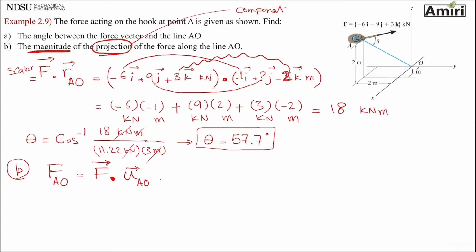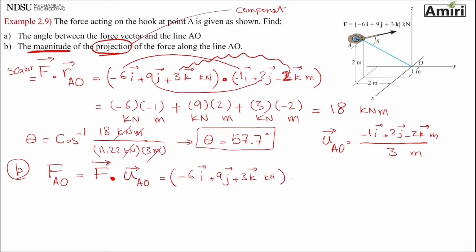Unit vector of AO, so let's find that. The unit vector of AO is just position vector AO, -1i, 2j, 2k, divided by its own magnitude, 3 meters. So let's dot product these together. F is -6i, 9j, 3k, dot 1 over 3i, 2 over 3j, 2 over 3k meters.